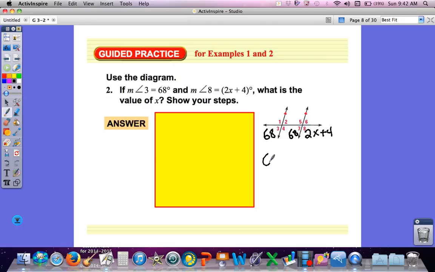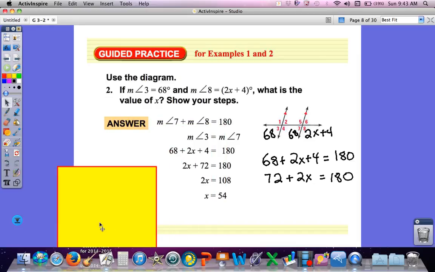And the two angles, 68 plus 2x plus 4 equals 180. 68 plus 4 is 72, plus 2x equals 180. Think you can finish it from there.